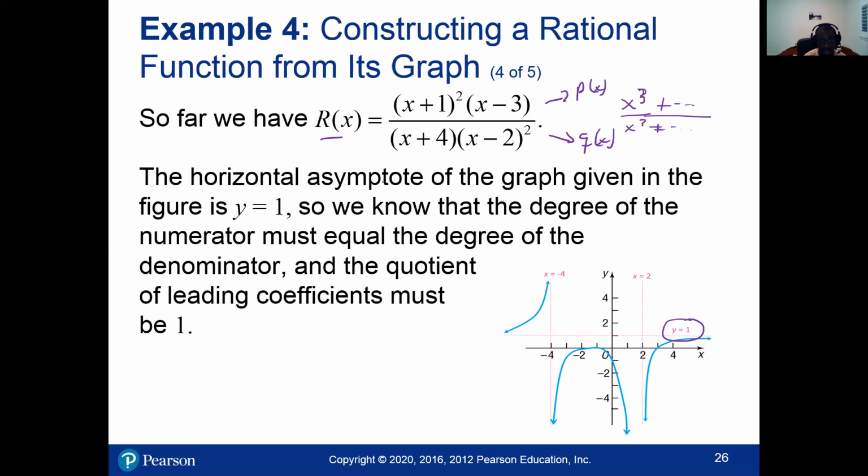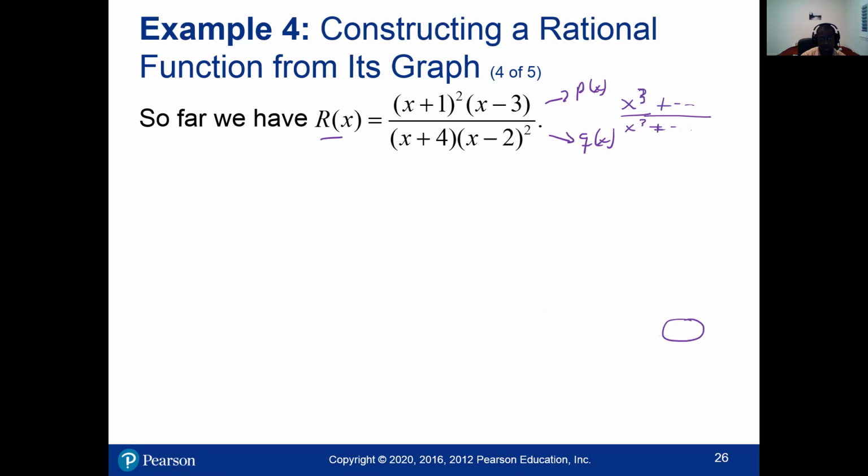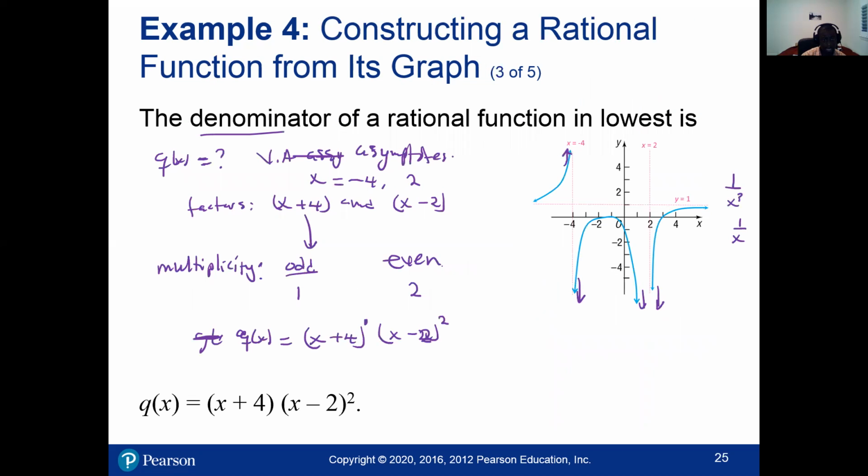The horizontal asymptote tells me whether they have equal degree or whether the degree of the numerator is more than the degree of the denominator.